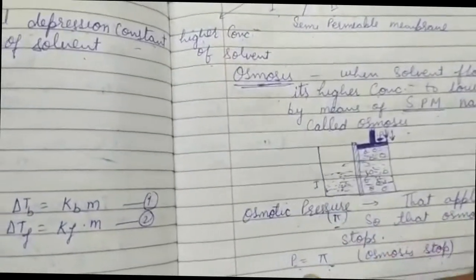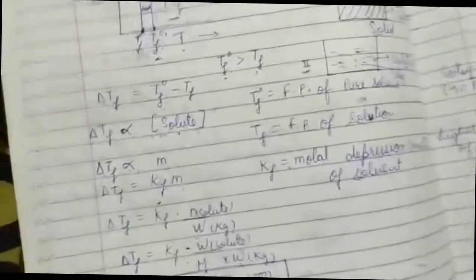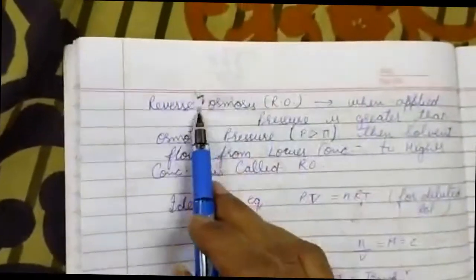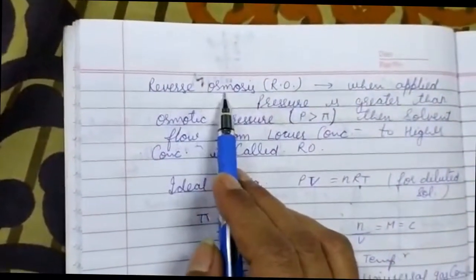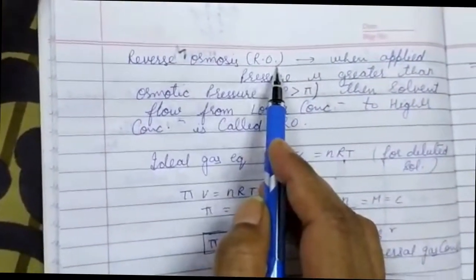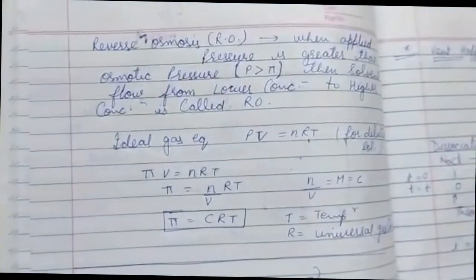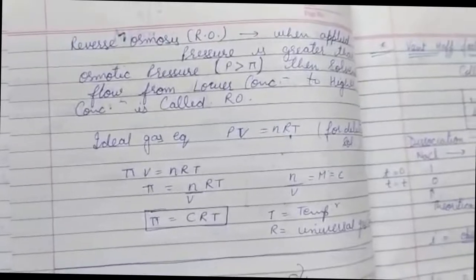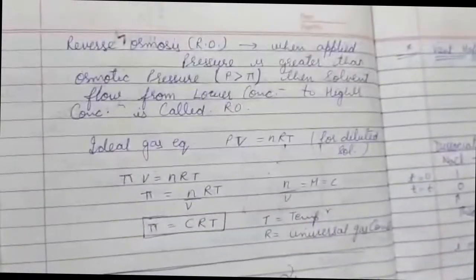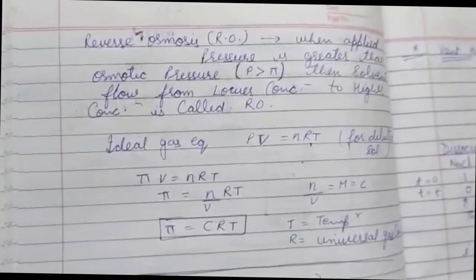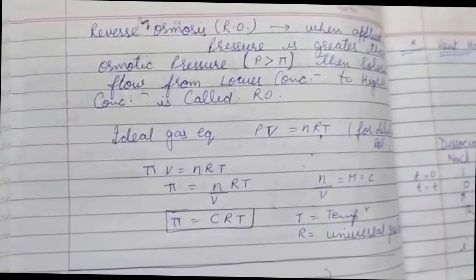For this we have to carry out a process known as reverse osmosis, also known as RO. RO, as you all have seen at your home, is the RO water filter. In the water filter we are supplying impure water and getting pure water.